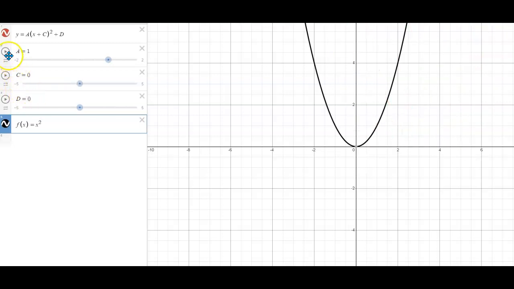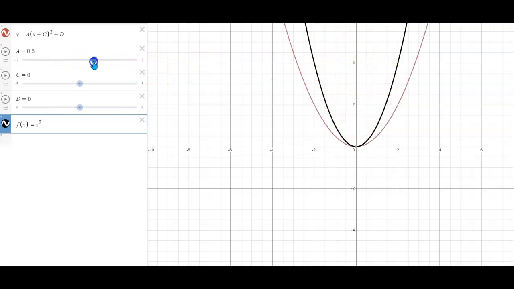Now notice when I'm changing c and d, when I'm either adding or subtracting something inside the parentheses or outside of the parentheses, the shape of the graph is not changing. a is going to change the shape of the graph. If I take this slider and it's bigger than 1, it's stretching it up.